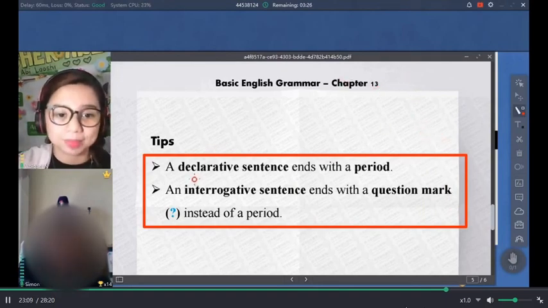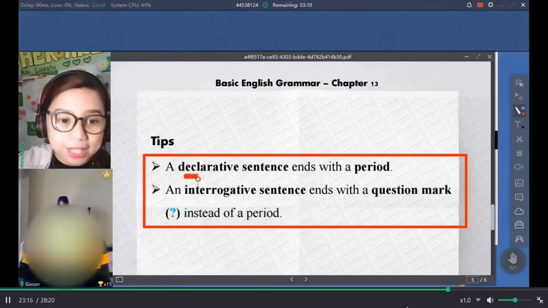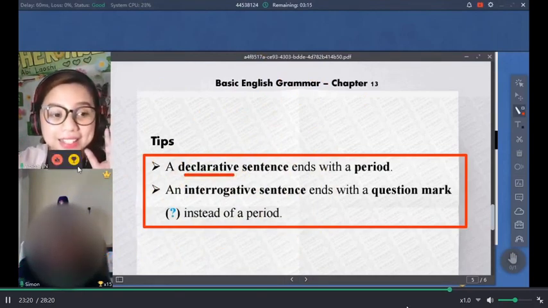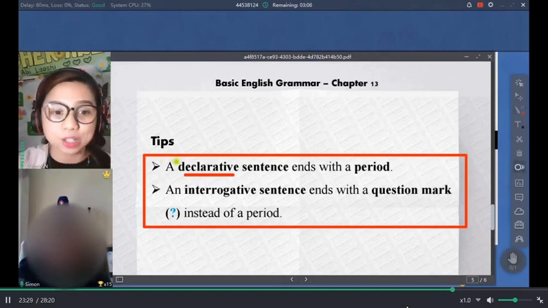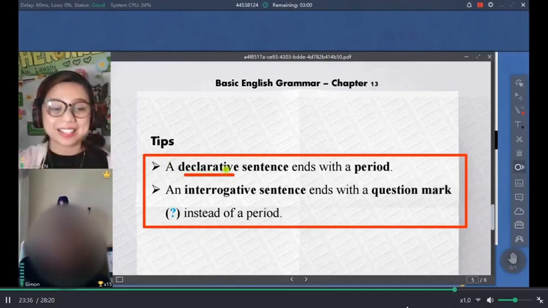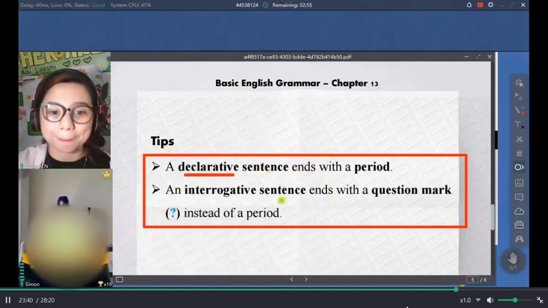A declarative sentence ends with a period.